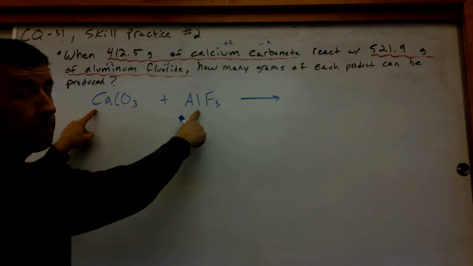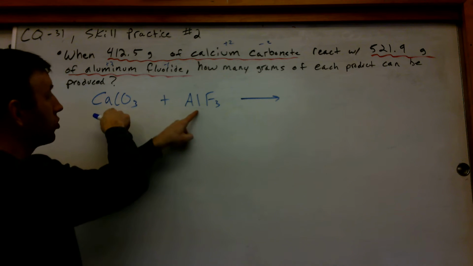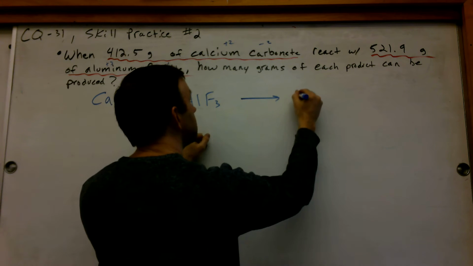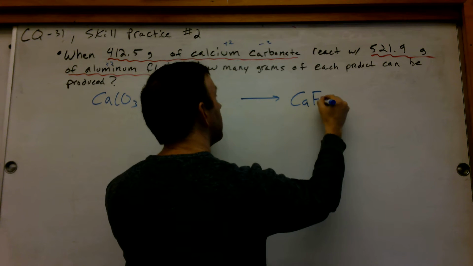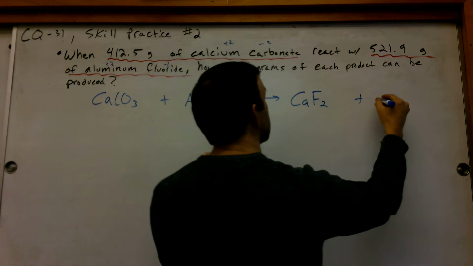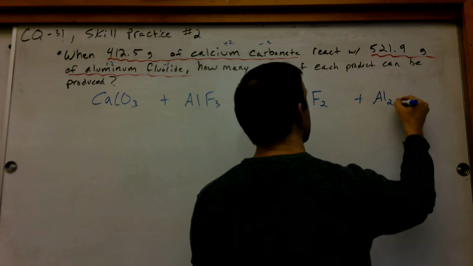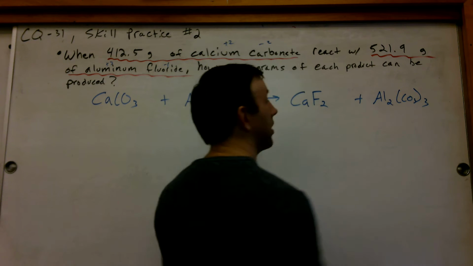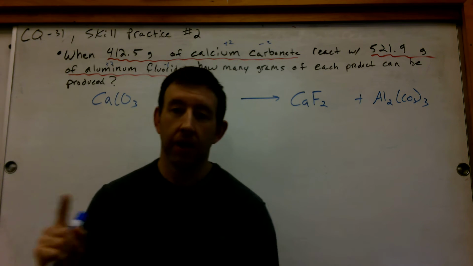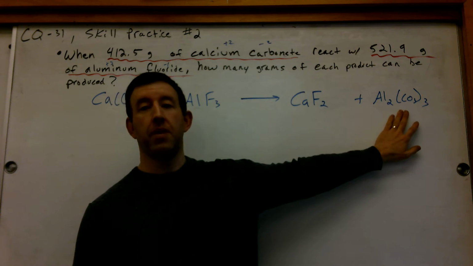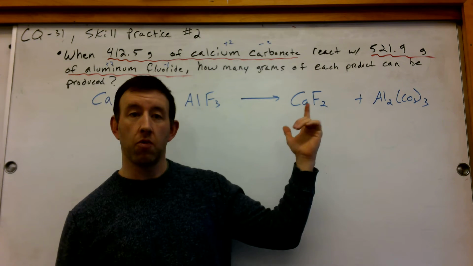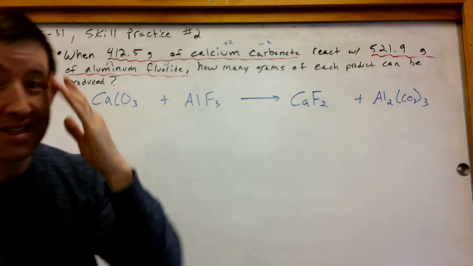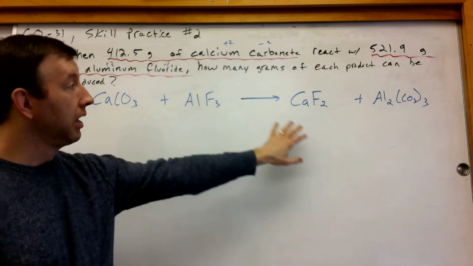So essentially again, my aluminum and calcium will switch places. So calcium and fluorine, so this is going to be CaF2 plus Al2(CO3)3, right? And then again, these formulas are based on the charges of the individual elements, right? We have to make sure it comes out neutral. I'm not going to review that with you guys again. You should know how to do this part, right?